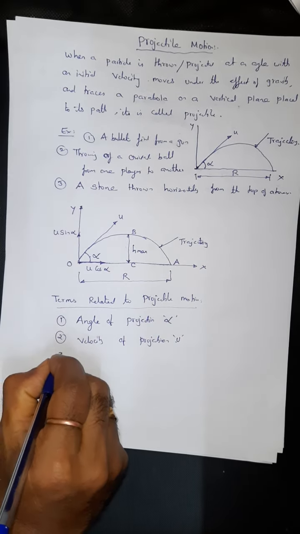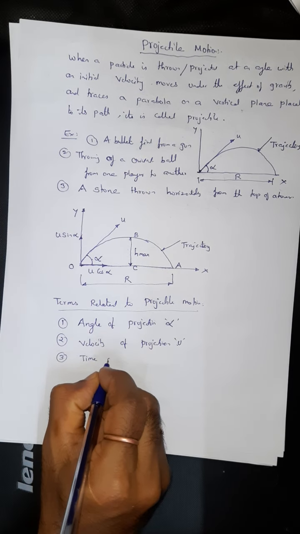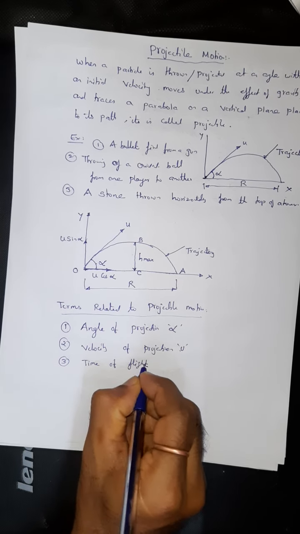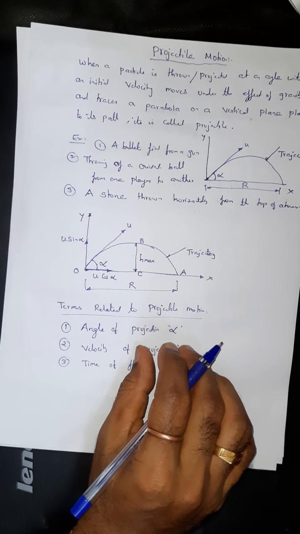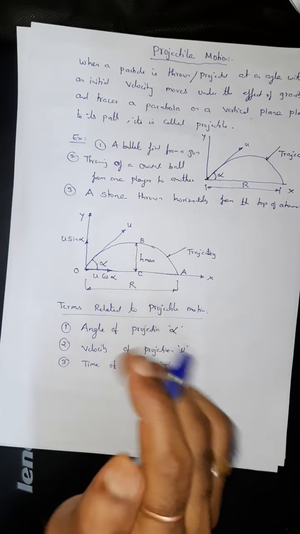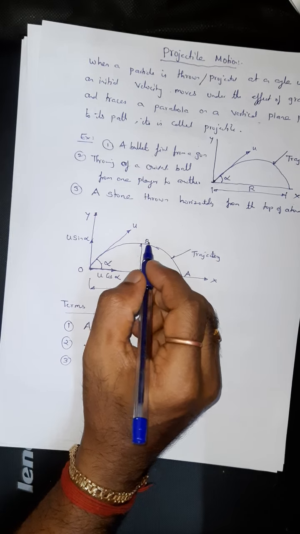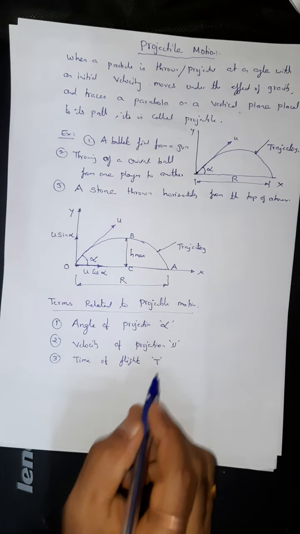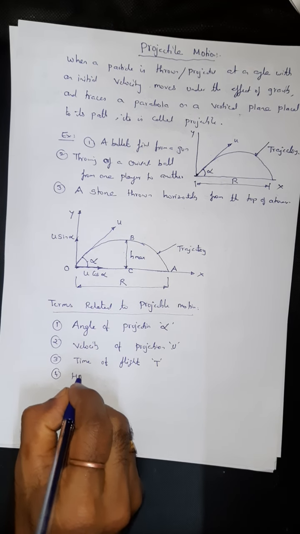Third, time of flight, denoted as t. It is the total time for which the projectile remains in space. The fourth term, horizontal range or the displacement.